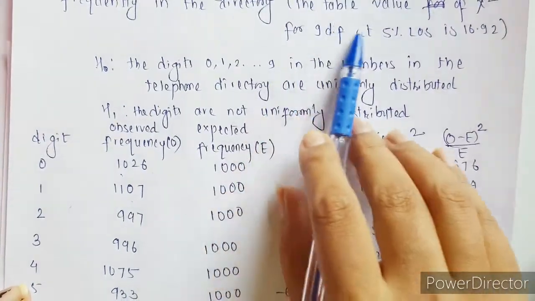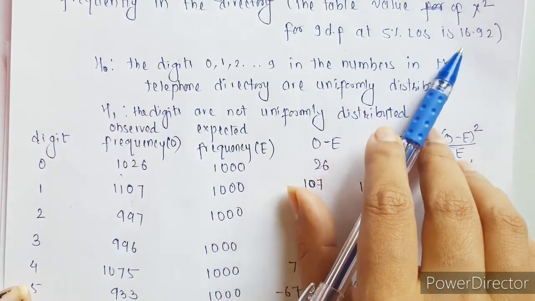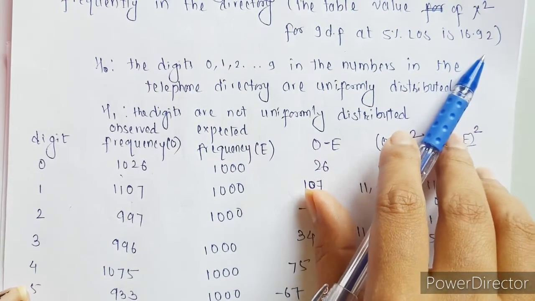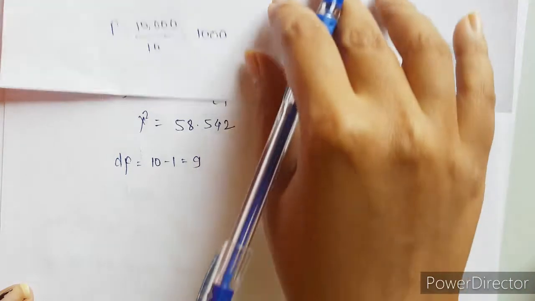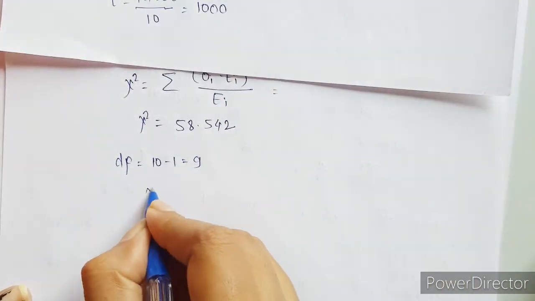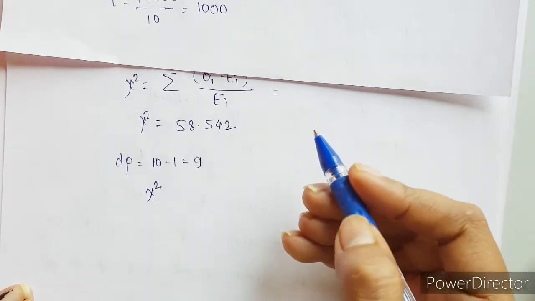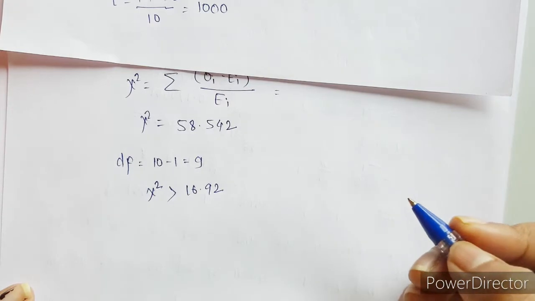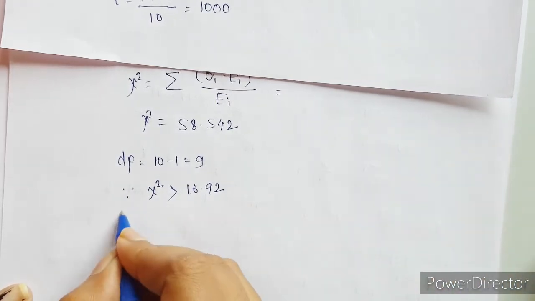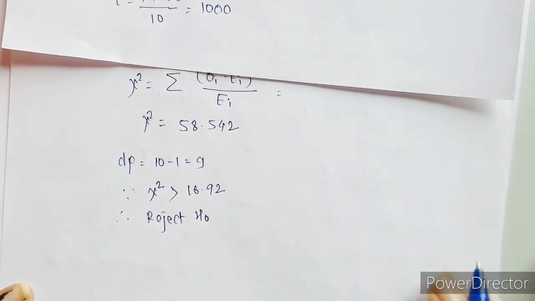And in the question, the table value of chi-square for 9 degrees of freedom at 5% level of significance is given as 16.92, and the value of chi-square that we are getting is 58.542, which is greater than 16.92. Therefore we have to reject our null hypothesis.